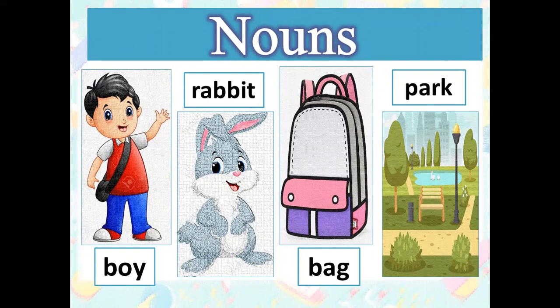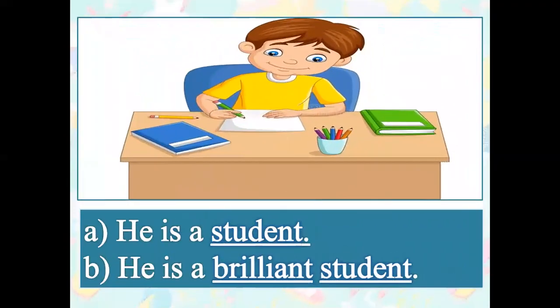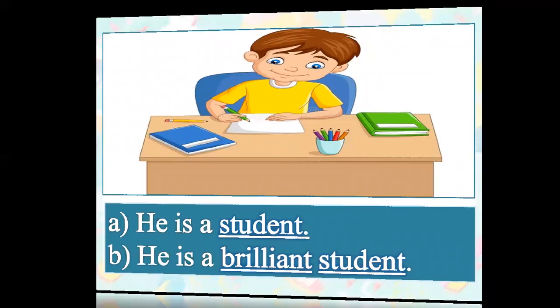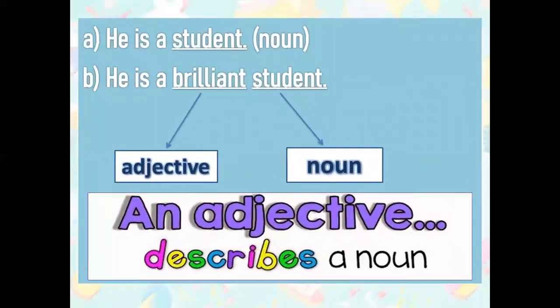Now, let's focus on the two sentences given here for the student. He is a student. He is a brilliant student. Now, students, we will see the difference between the two sentences. In the first sentence, student is a noun.